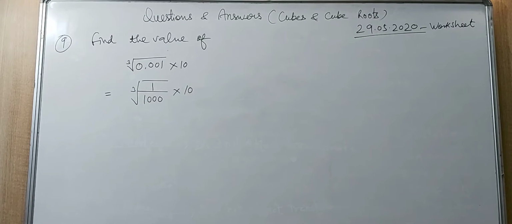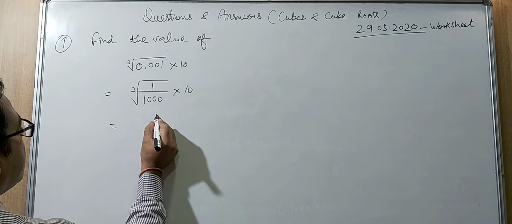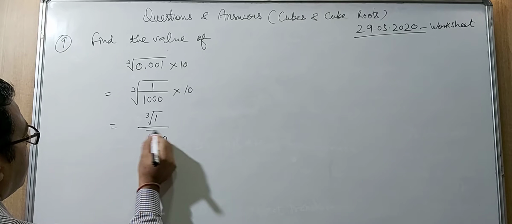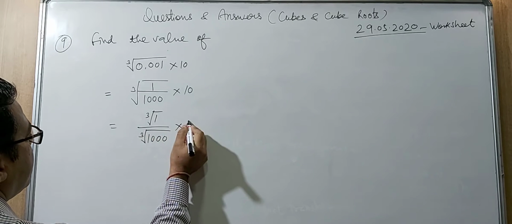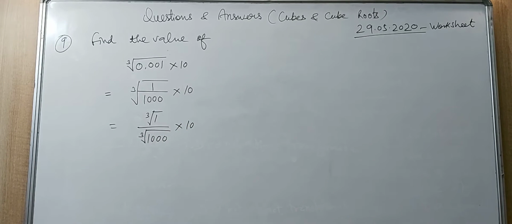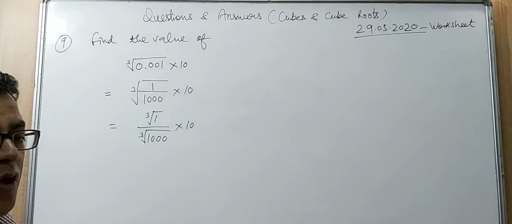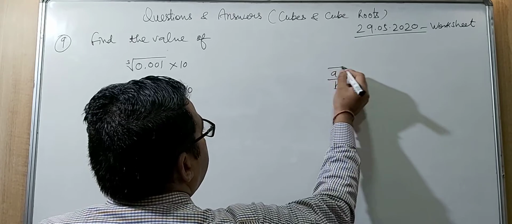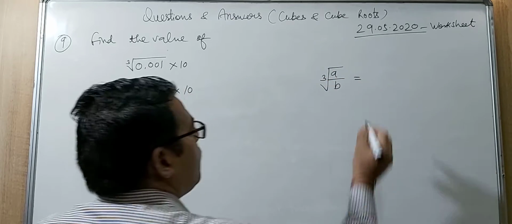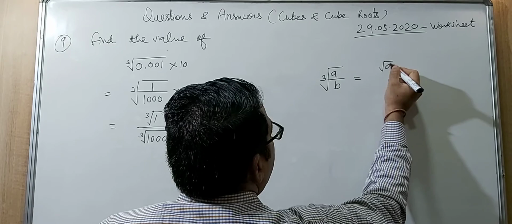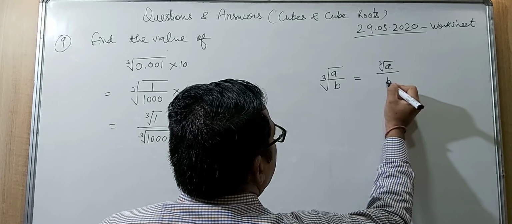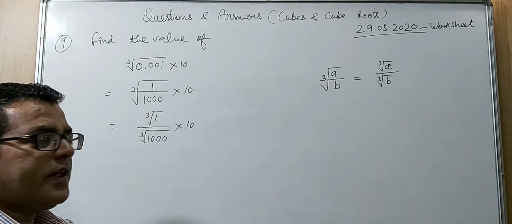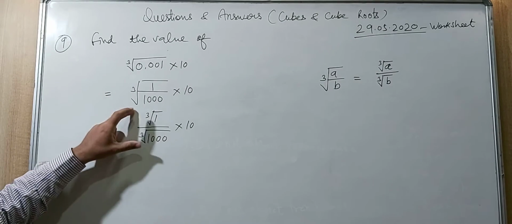Also we can separately write it as cube root of 1 divided by cube root of 1000. Suppose a upon b is given inside the cube root, so we can write it as cube root of a divided by cube root of b. This is a property, a rule, so we can write it like this.